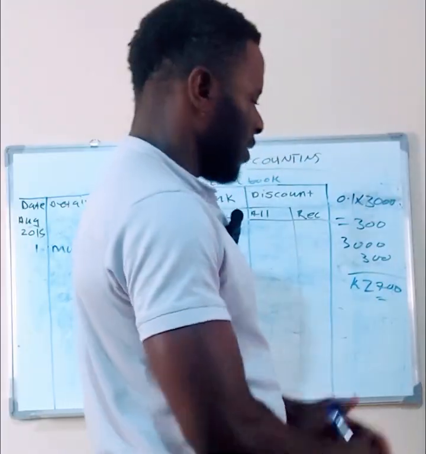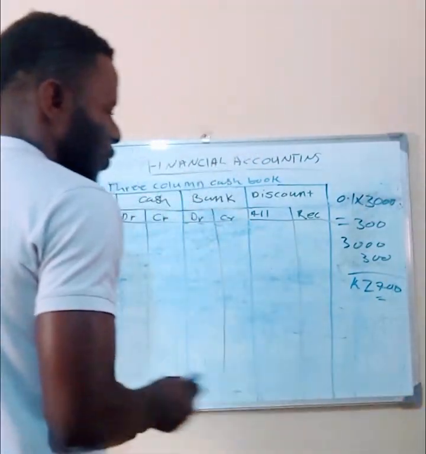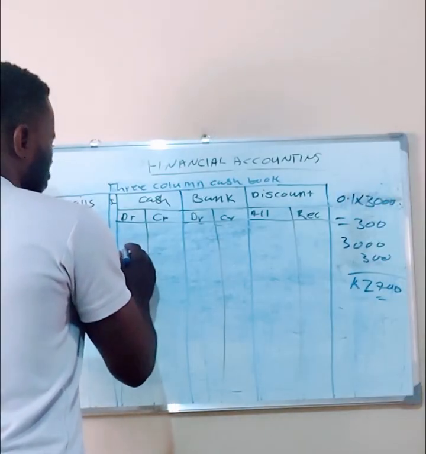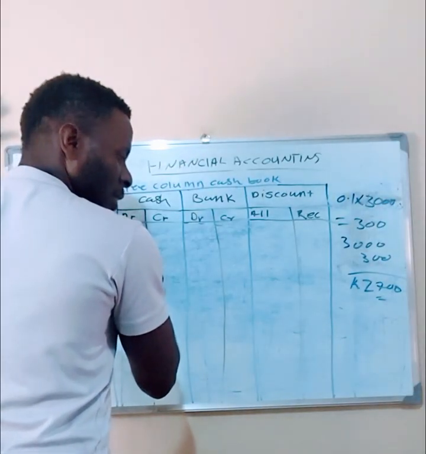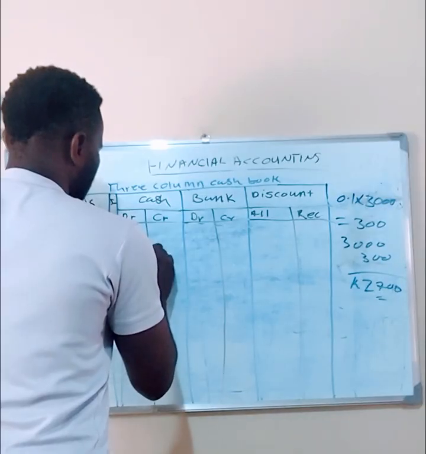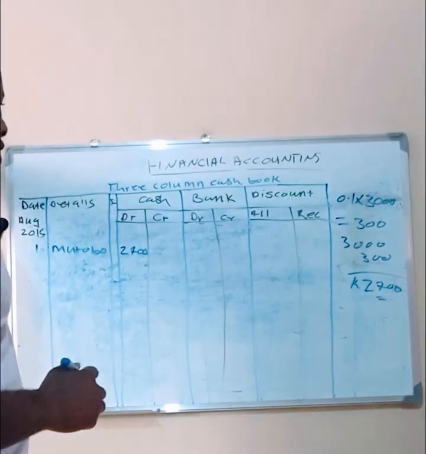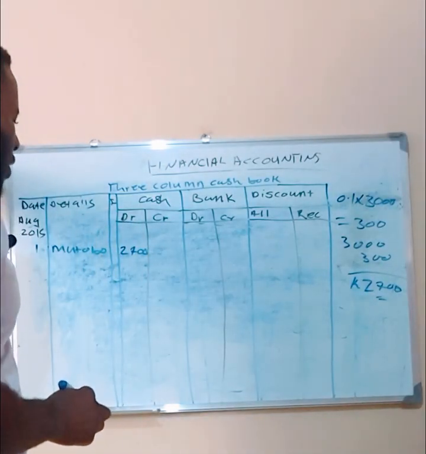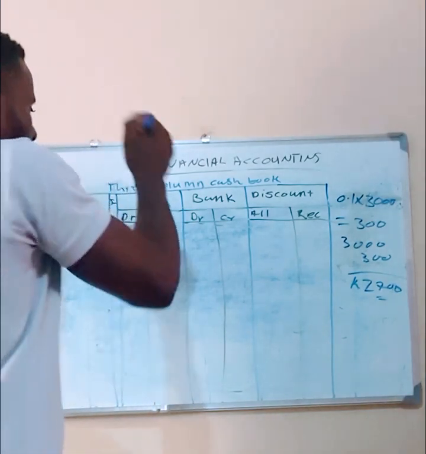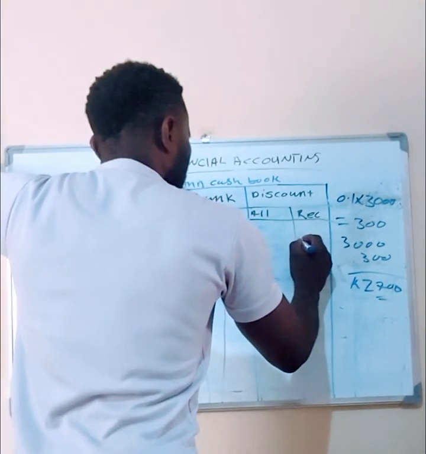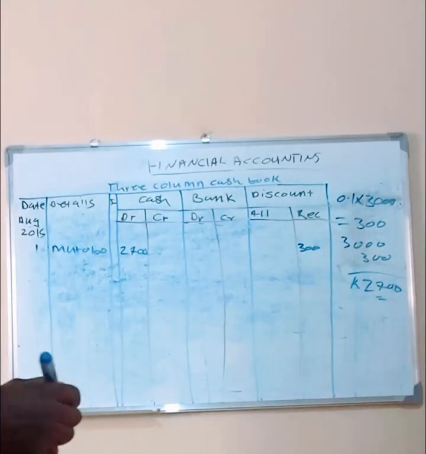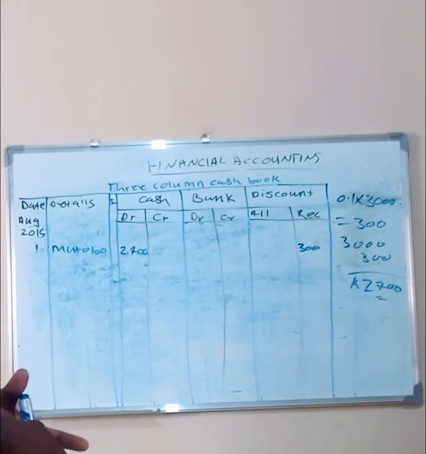We received the goods worth 2,700, and we received a discount of 300. So this is the discount that we received.